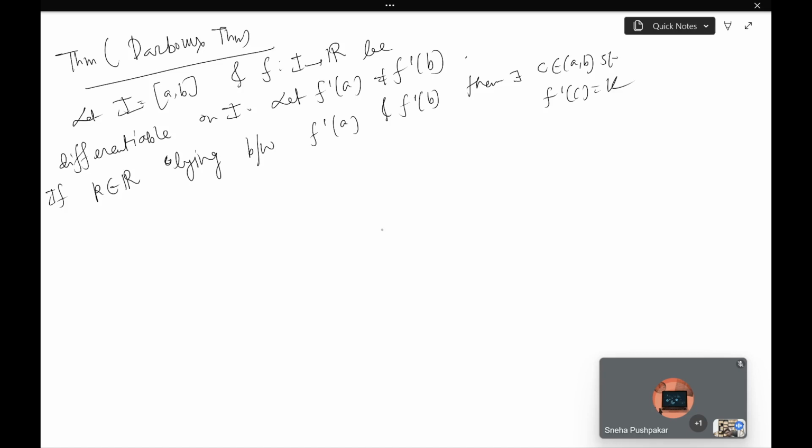This is known as the Darboux theorem. So basically, the Darboux theorem tells that f' has the intermediate value property.